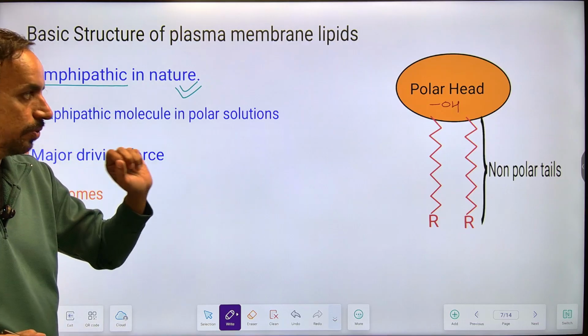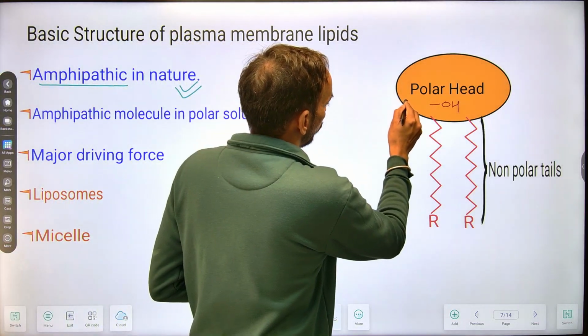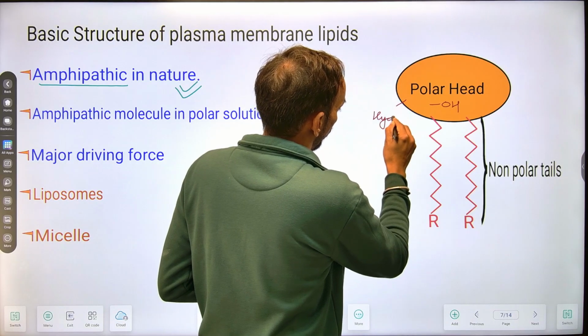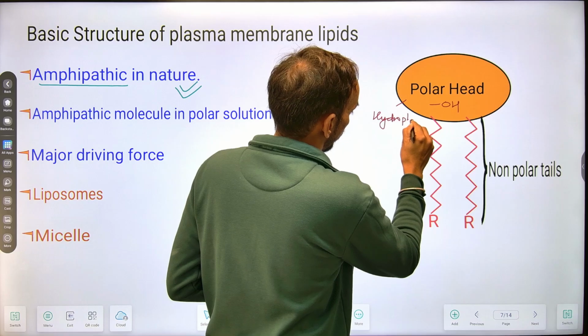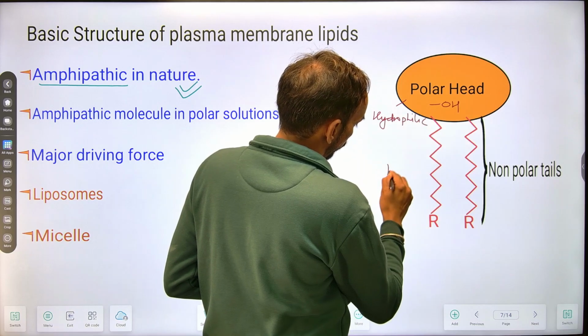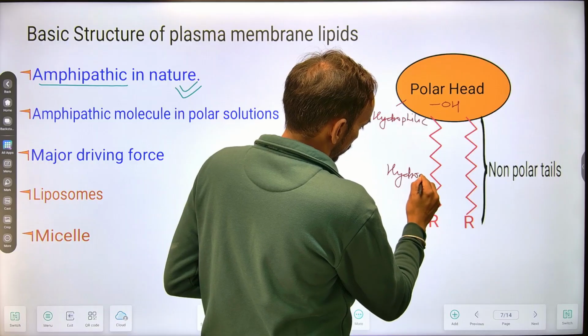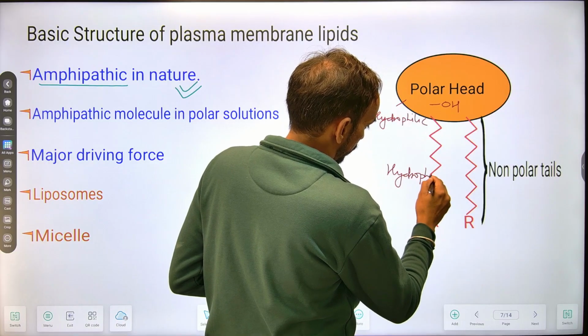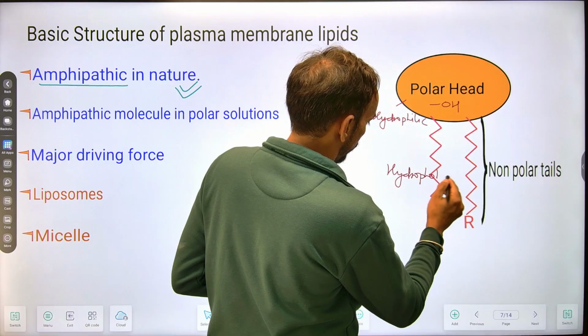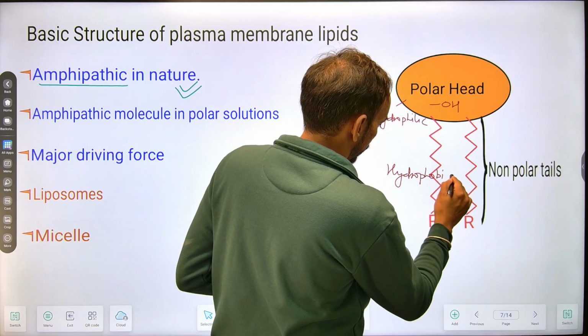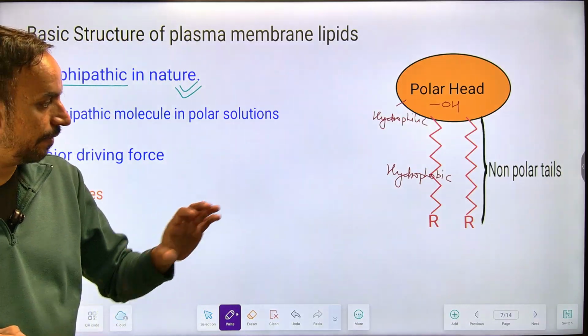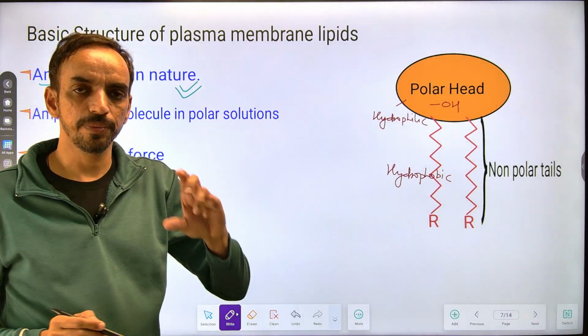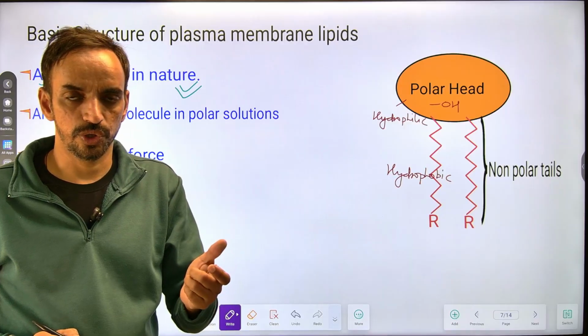All the amphipathic molecules, like the molecule which are having both hydrophilic and hydrophobic group, these molecules which are having both hydrophilic and hydrophobic group, if they are put in the polar solution.